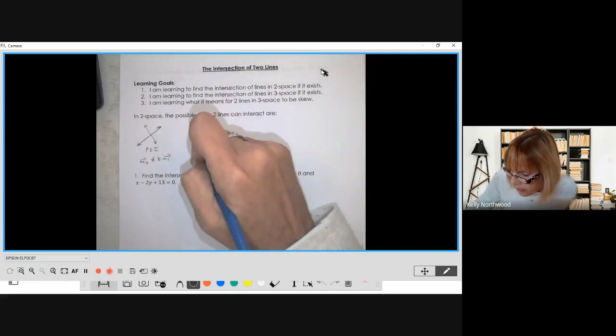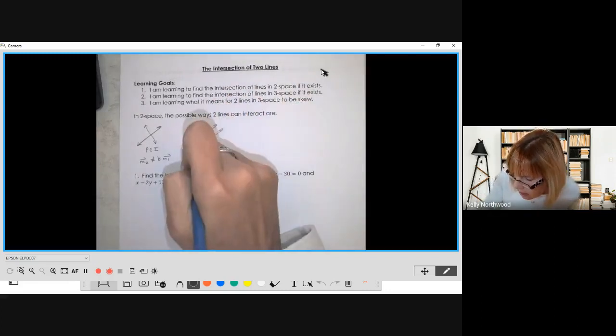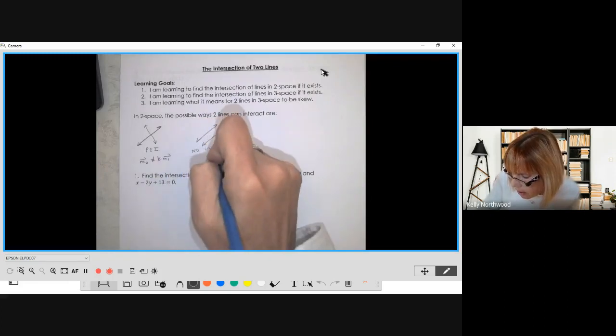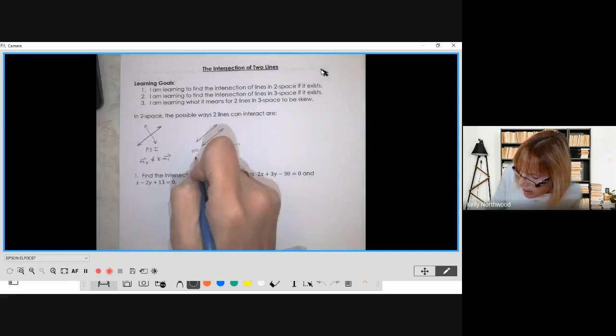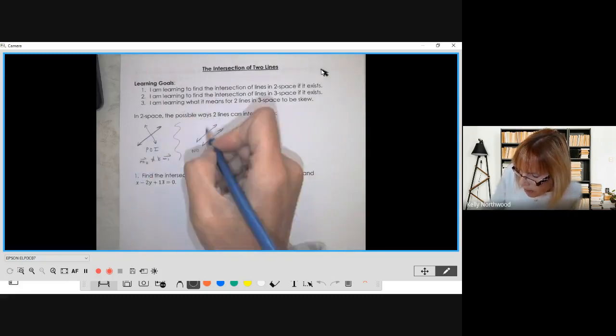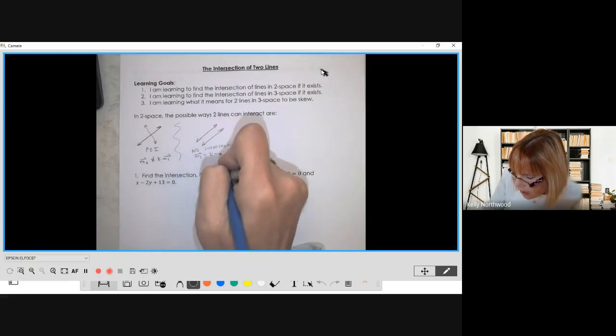Or we can have no intersection, and in that case, the direction vectors m1 and m2 are scalar multiples.